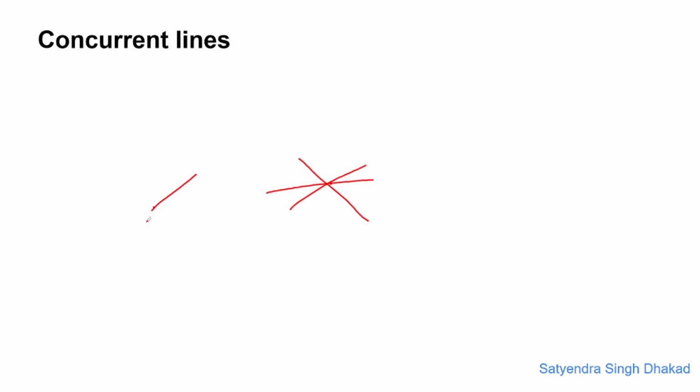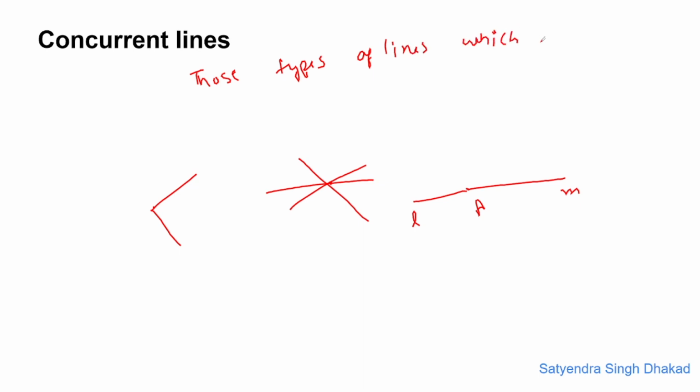For example, these two lines, say L or M line passing through A. So those types of lines which pass through same point are known as concurrent line.